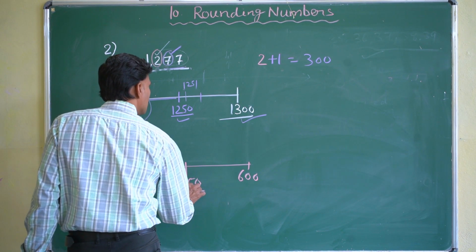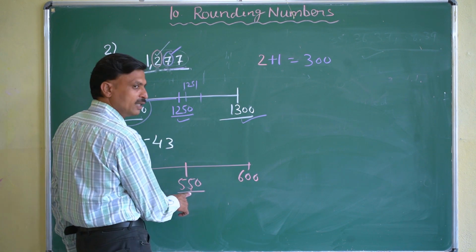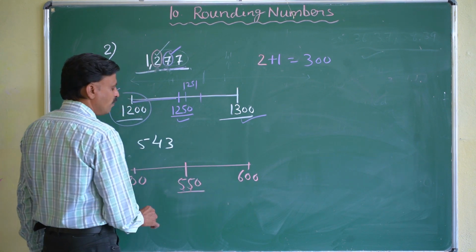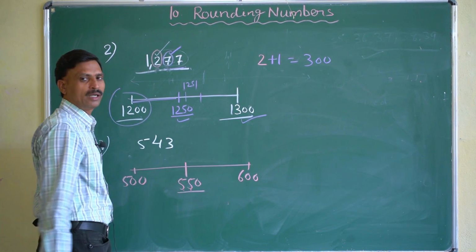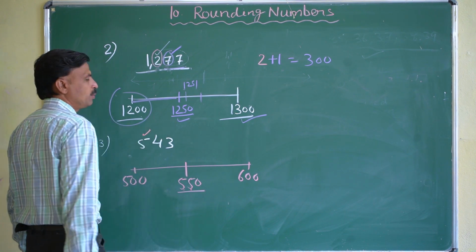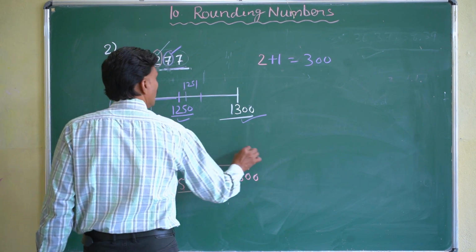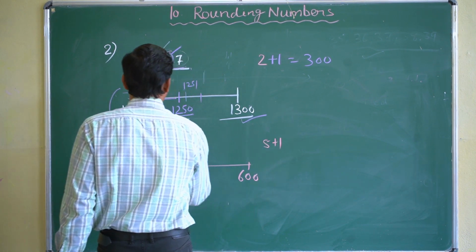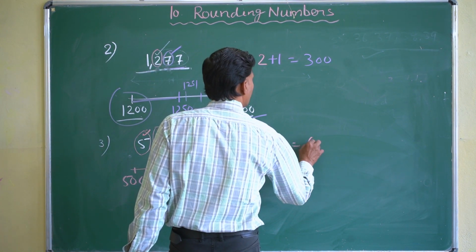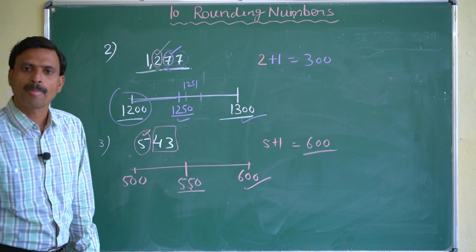The 10s place digit is 5, so as the rule says, if it is 5 or more than 5, we'll increase the 100s place digit by 1. Here the 100s place digit is 5, so it will be increased by 1 and the other two place values become 0. So this will be 6, and the round off value is 600, right?